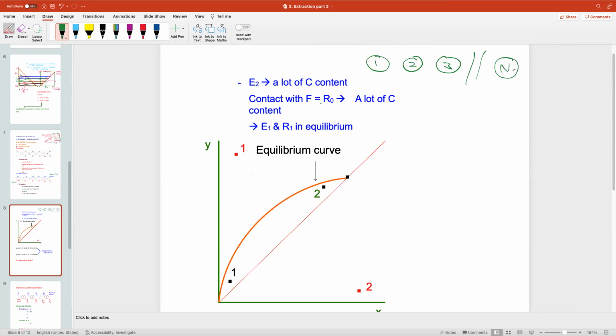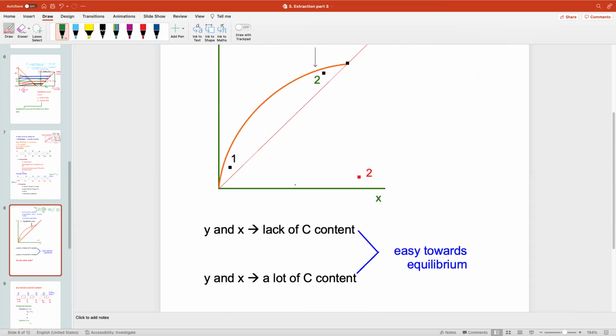For example, this is the feed, and then it contacts with the E2, and then that will mix together, and then it's going to leave with E1 and R1.